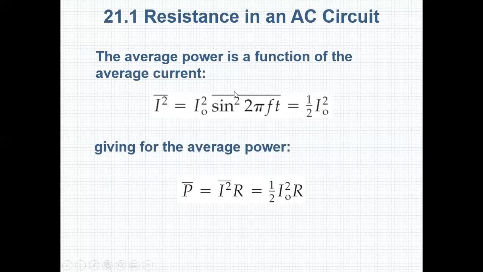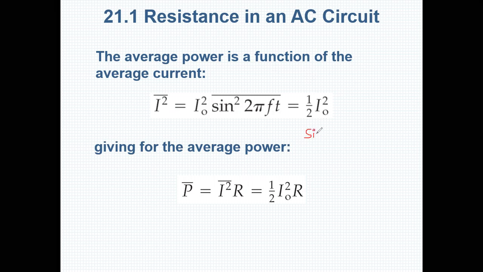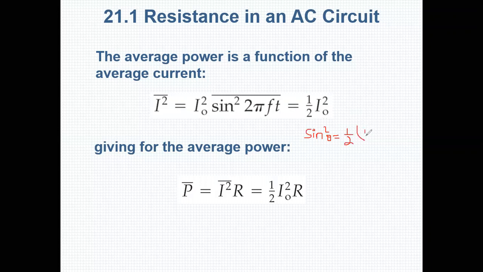I'm going to say sine squared theta instead. You know, simple trigonometry. Sine squared theta is equal to what? Half of 1 minus cos 2 theta, right?